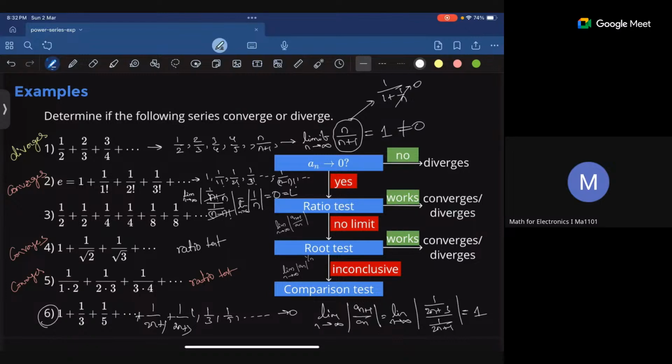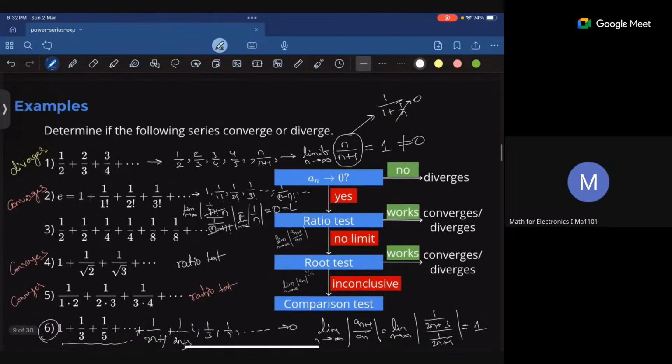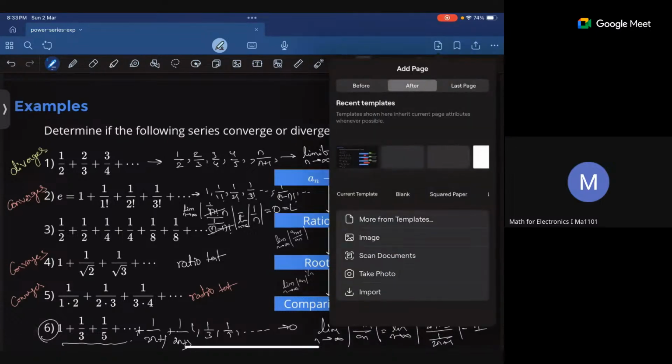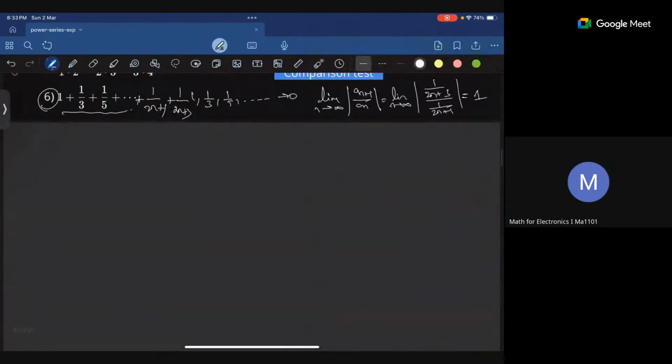So we'll compare this particular series with a well-known series. Okay. So we have the odd terms here, 1 plus 1 by 3 plus 1 by 5 and so on.